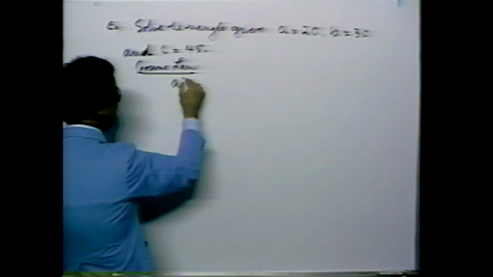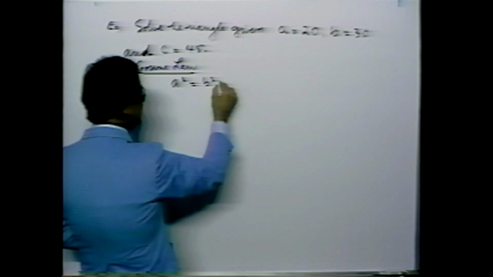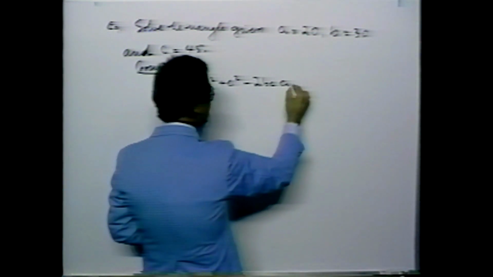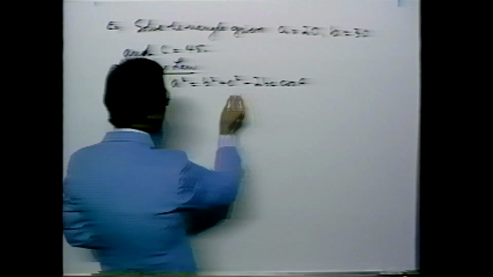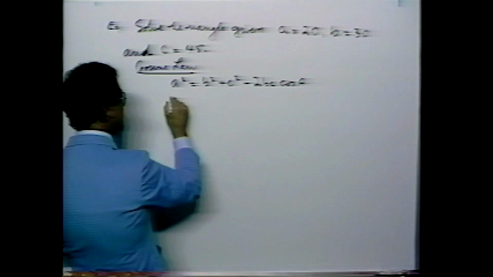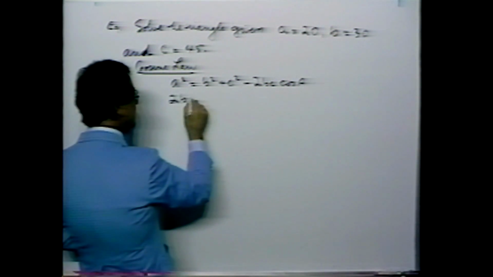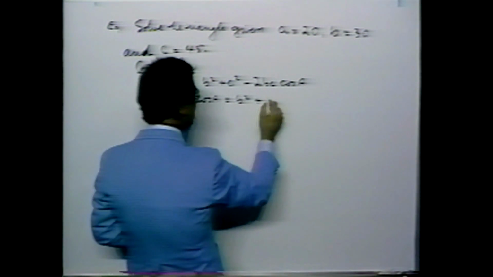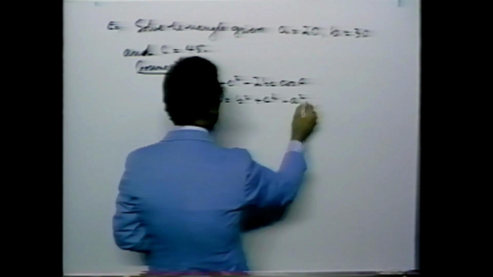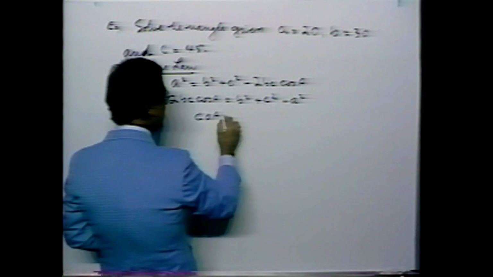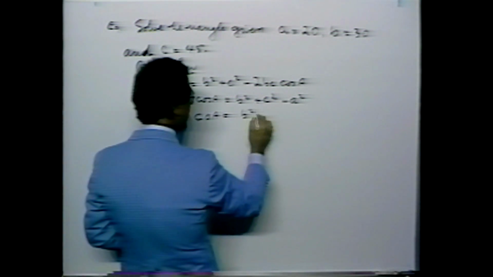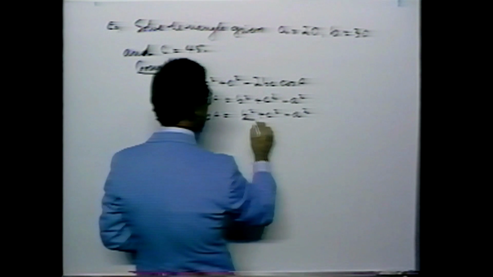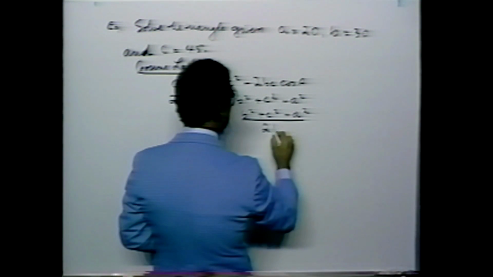For if a squared equals b squared plus c squared minus 2bc cos A, then it follows that 2bc cos A equals b squared plus c squared minus a squared. And then cos A is equal to b squared plus c squared minus a squared divided by 2bc.